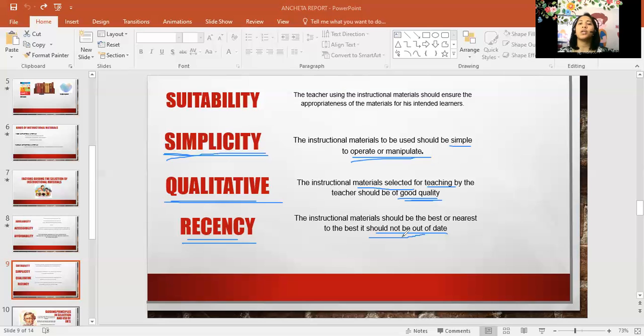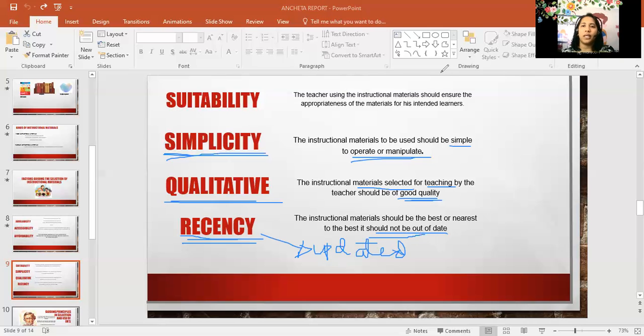Okay, so instructional materials should be the best or nearest to the best, and they should not be out of date. So recent means updated details, updated information about what you would like to discuss to the learner.